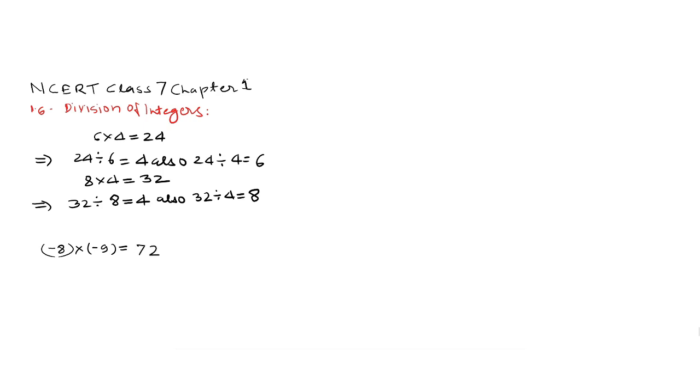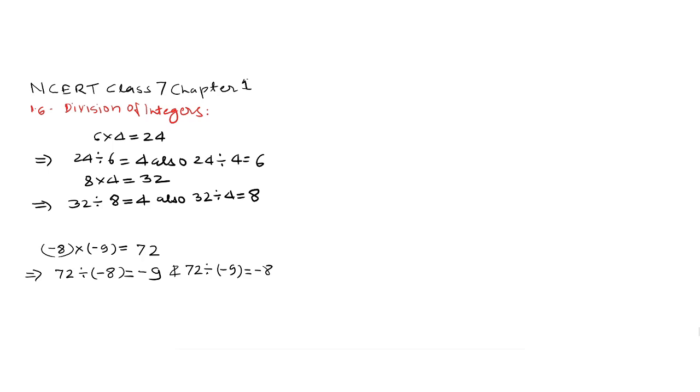So what are the division statements for this? 72 divided by -8 give us -9, and 72 divided by -9 give us -8. These are the two division statements for one multiplication statement.